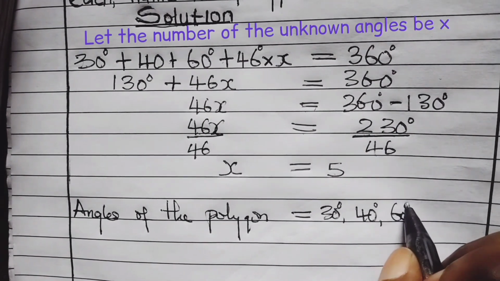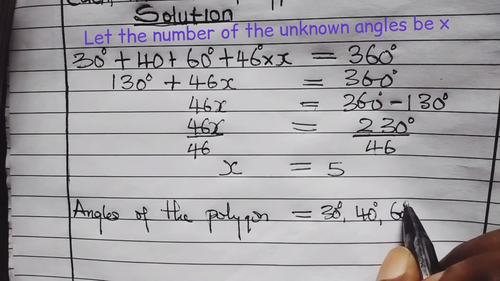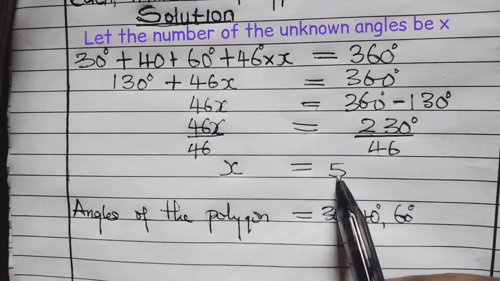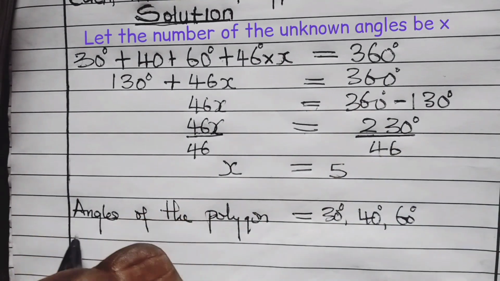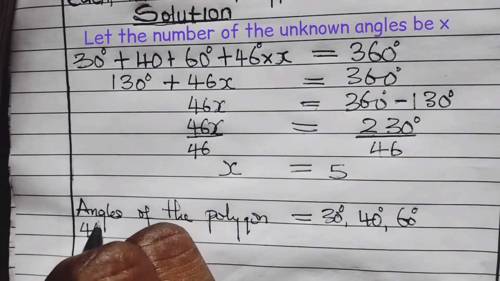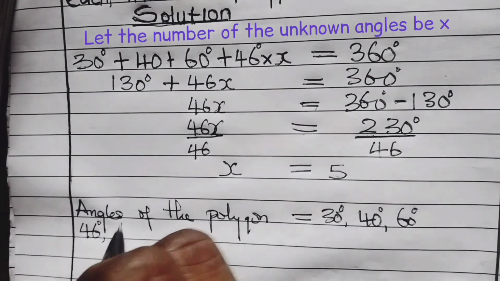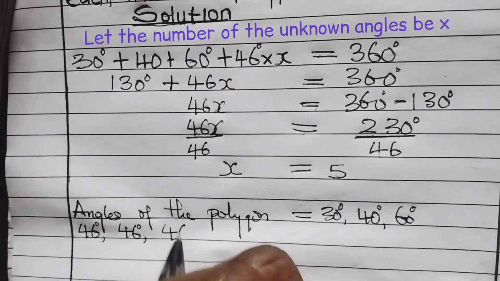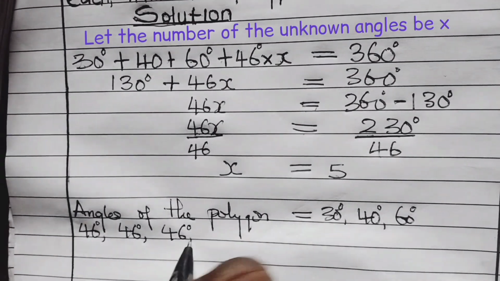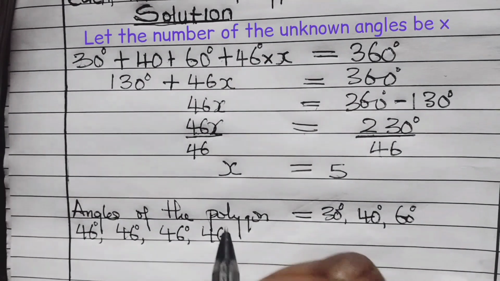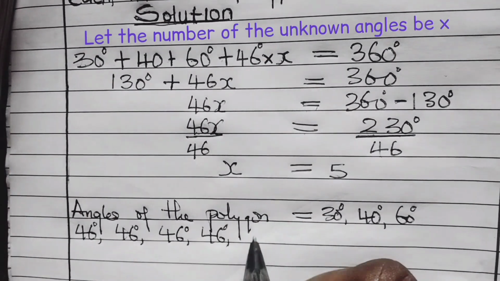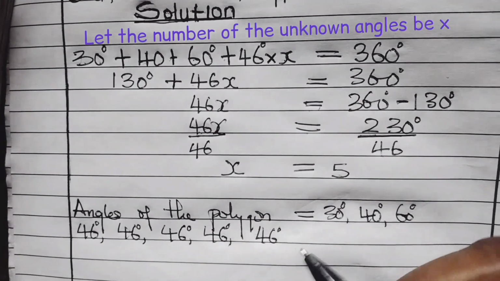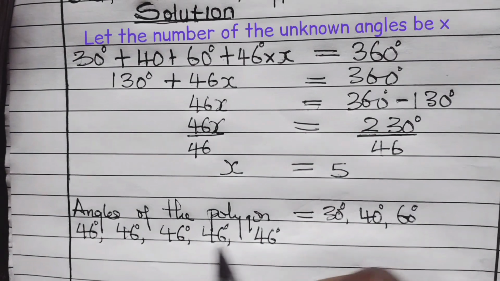Now come to the 46 degrees, which are 5 in number. So I'll write it out like this: 46 degrees 1, 46 degrees 2, 46 degrees 3, 46 degrees 4, and finally 46 degrees 5.